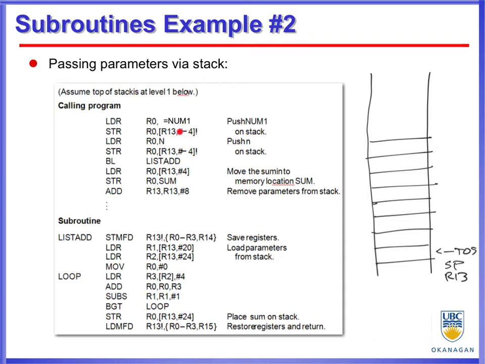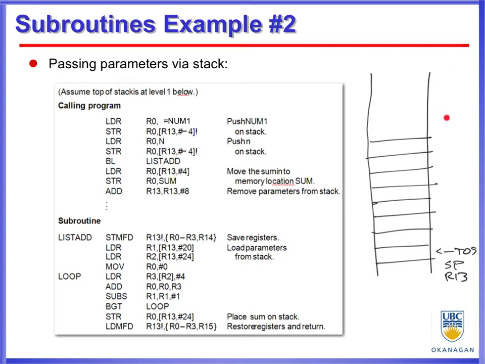Okay, the square brackets means the indexed form of addressing. There's an immediate offset inside, so this is the pre-indexed addressing mode, which means the effective address in memory where we are going to store the contents of R0 is what's in R13, and R13 currently holds the address of this memory location. So to that address we're going to add -4, which will be the address of this memory location, right?